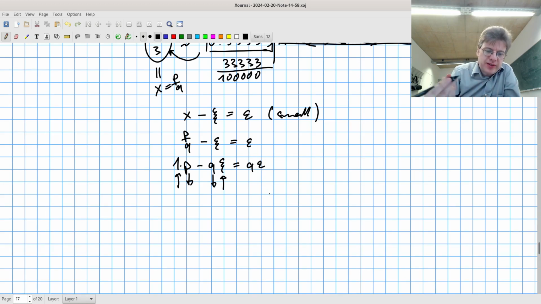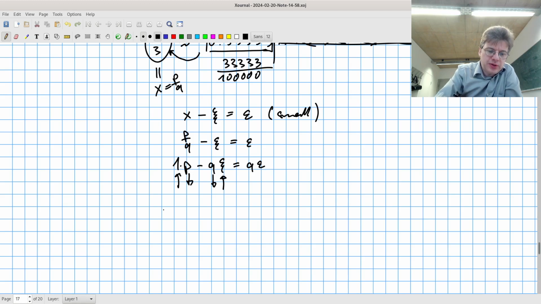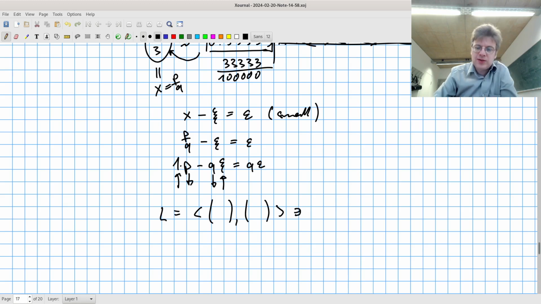Okay, so let's see how we can do this. So we could set up a lattice that is like this. So I want to get a lattice that is generated by certain things and is such that it contains this PQ vector. And then maybe here something in addition that amounts to this round off error.